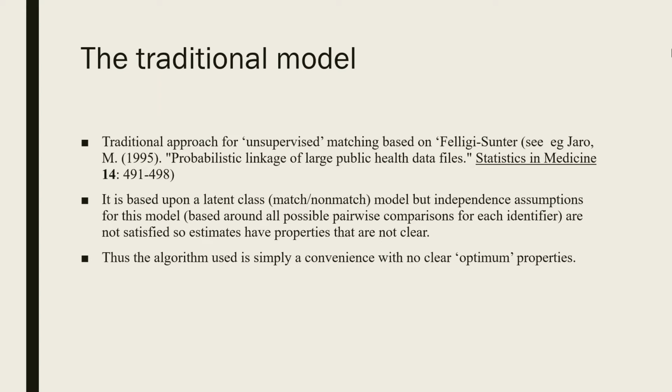There is a discussion of that in the paper that James referred to that was published last year. But the third bullet point here is the one I want to emphasize: if you're going to use this algorithm, the FS algorithm, you can use it as a convenient way of getting scores or weights, but it doesn't typically have the claimed properties for it that we used to think.